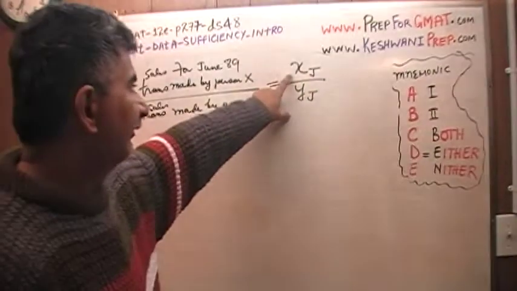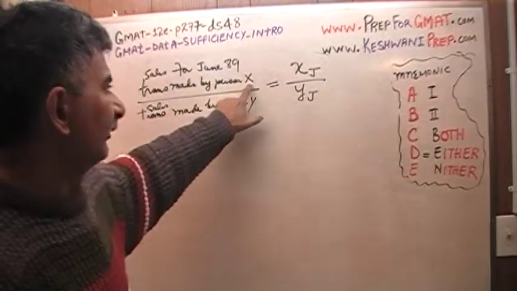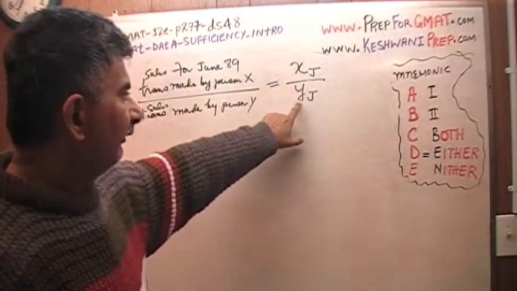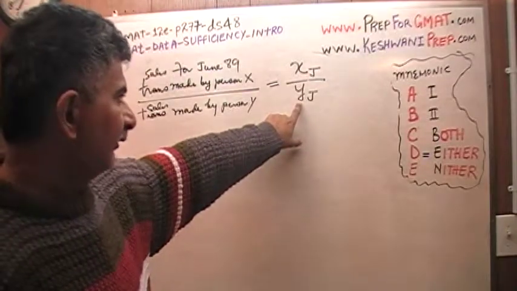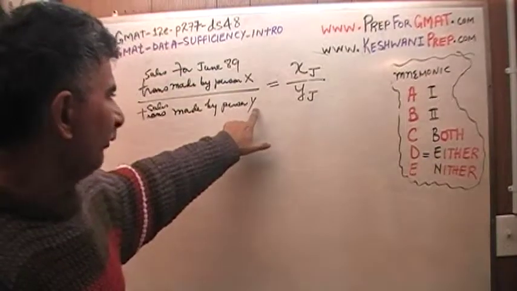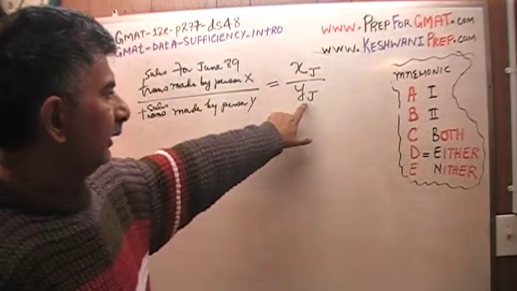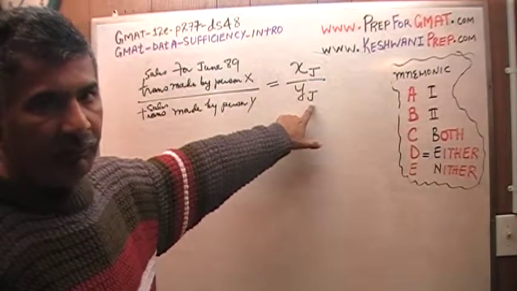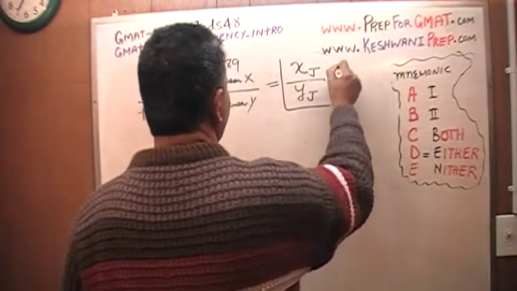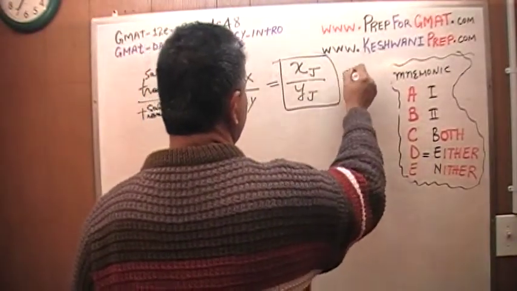So small x represents the number of sales transactions made by person X, and that tells us that it is for June. The small y represents the number of sales transactions made by person Y. Subscript tells me that I'm talking about June, and that's the ratio they want us to find. How much is this? That's the question.